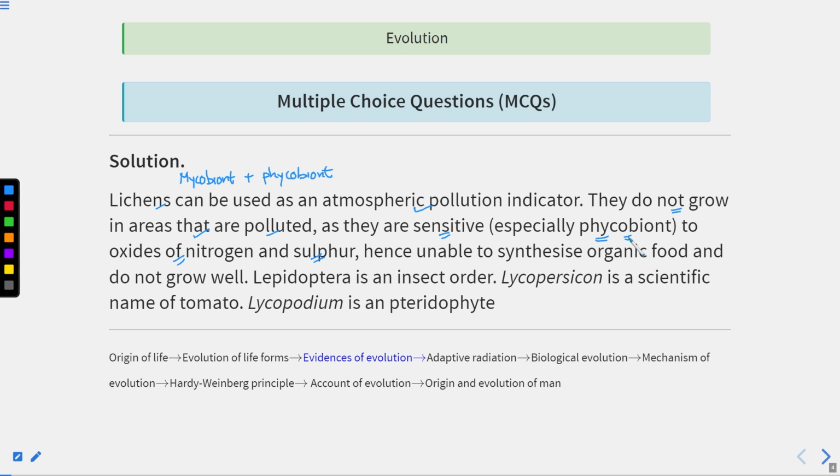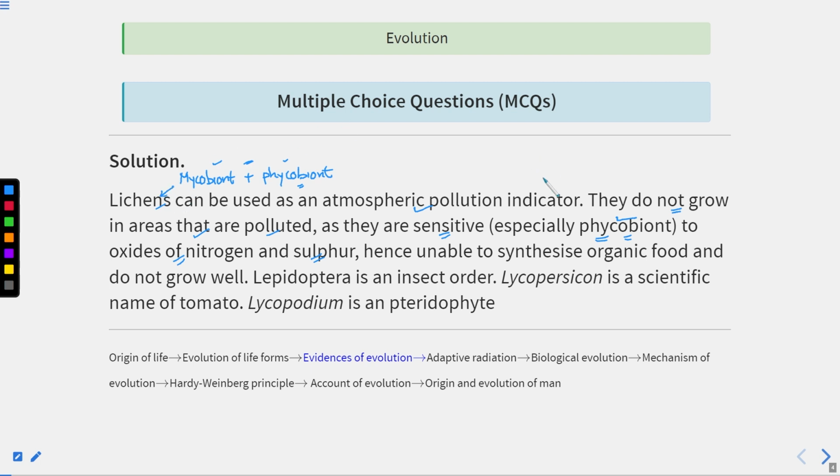It is not able to photosynthesize. If it is not able to photosynthesize, then it won't be able to produce the food. And the mycobiont is dependent on the food that is synthesized by the phycobiont. So here there is a symbiotic relationship between the mycobiont and the phycobiont, and together they comprise the lichens.